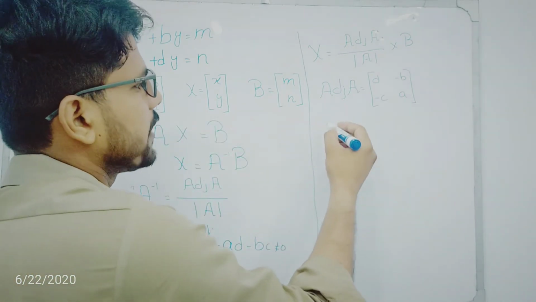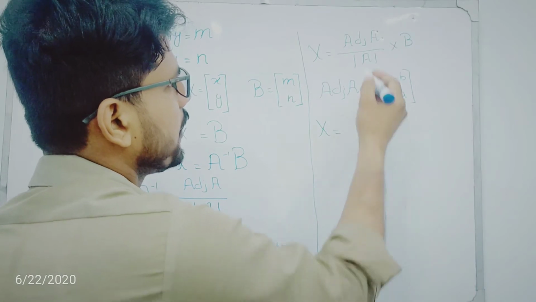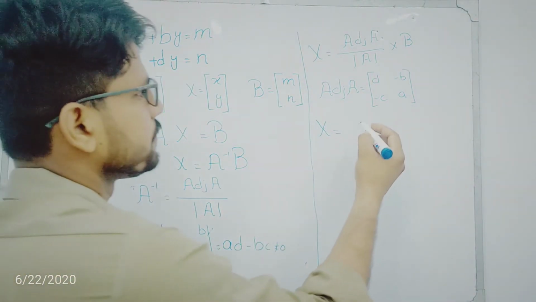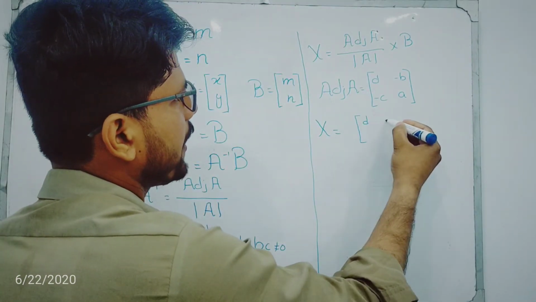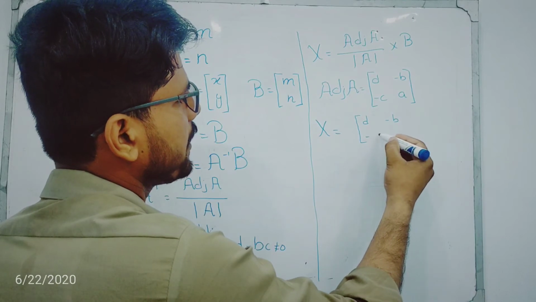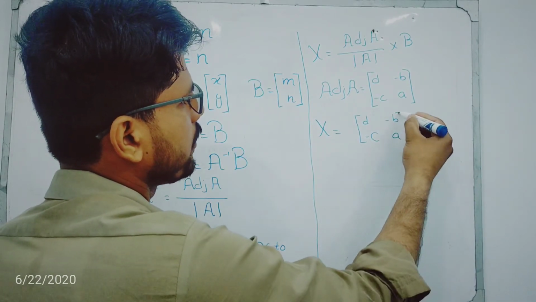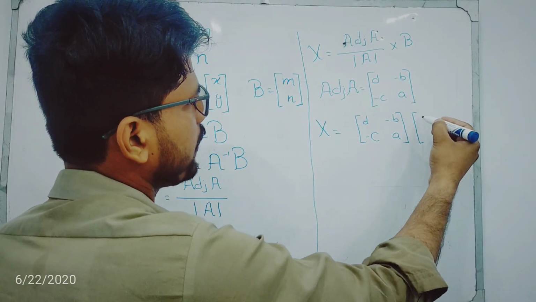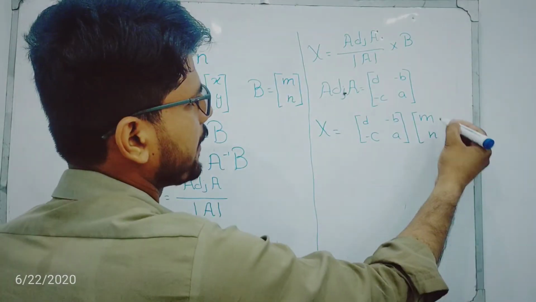Now we put the value of adjoint and determinant of A in this equation. d minus b, minus c a, multiply B. Here we put the value of B, m and n.